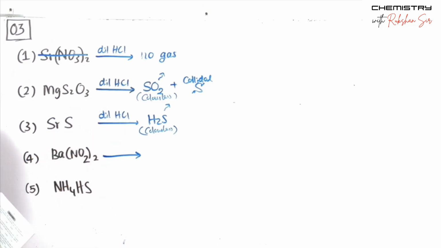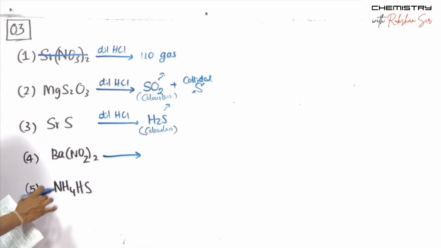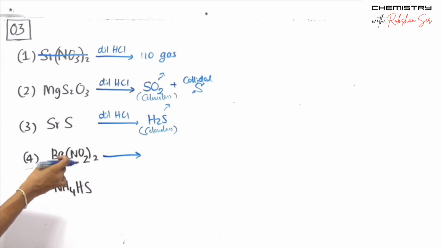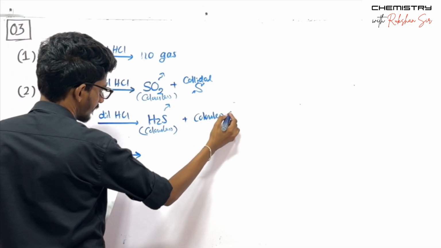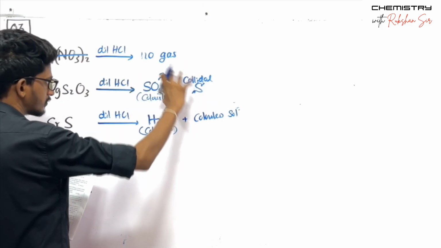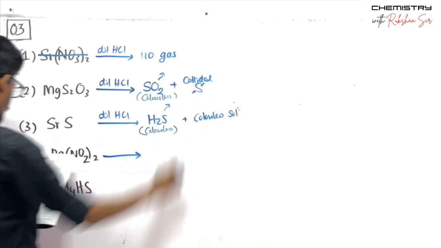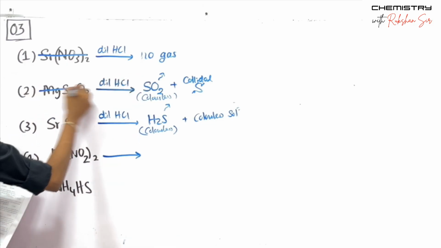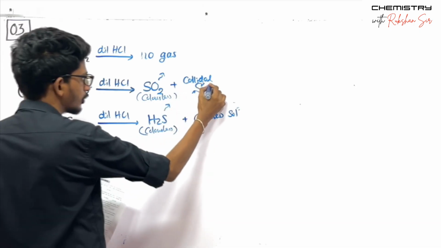Strontium chloride is not going to be a precipitate, just a colorless solution. We can leave that. But we have to eliminate the colloidal solution, because it is not a colorless solution. It is a milky solution.